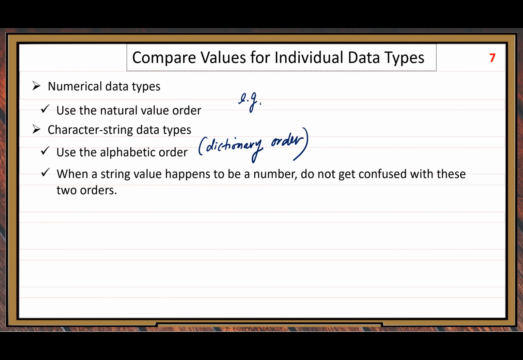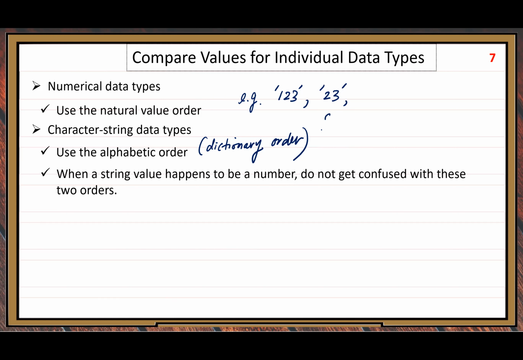For a string, I need to put a pair of quotes: '123' in quotes, that's a string. Then another string, '23', in single quotes.